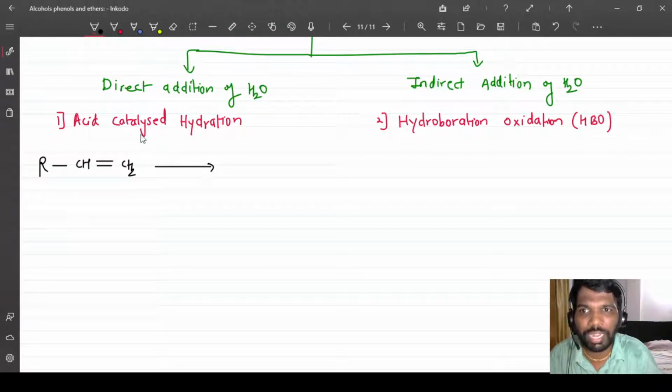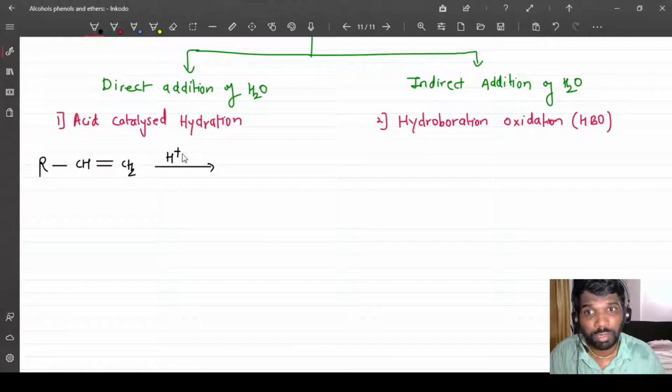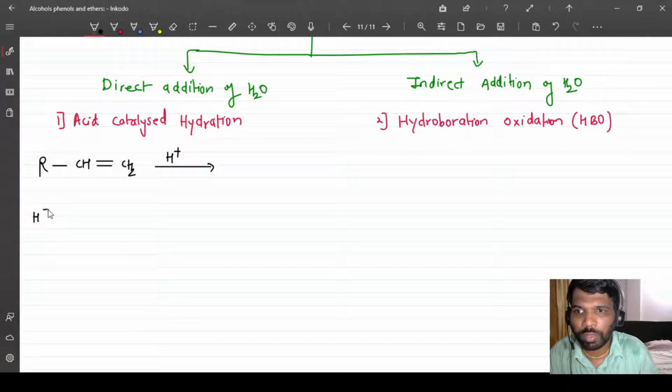Always remember, when I am doing acid catalyzed hydration, I can write over here H plus. H plus represents an acid. If I want to write an acid, it could be H plus. The meaning of H plus is that it could be HCl, or HNO3, or H2SO4.